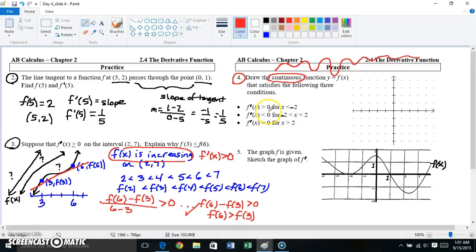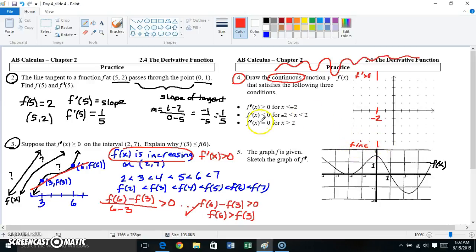f prime of x is positive when x is less than -2. So here's -2, and I know f prime is greater than 0 in this region. So the slopes are positive. My function must be increasing. So f is increasing.